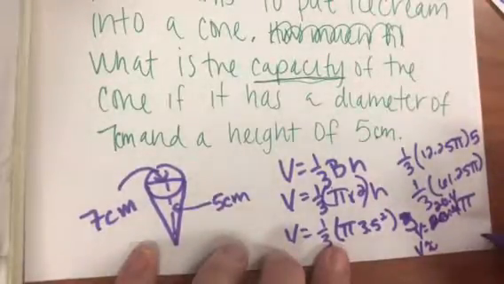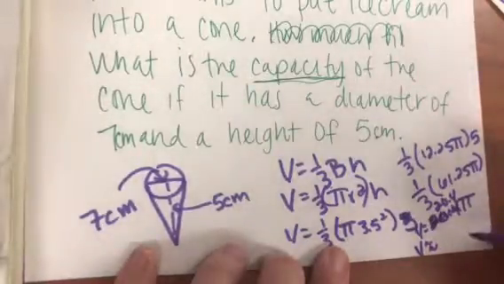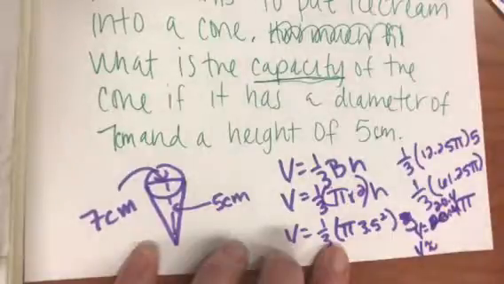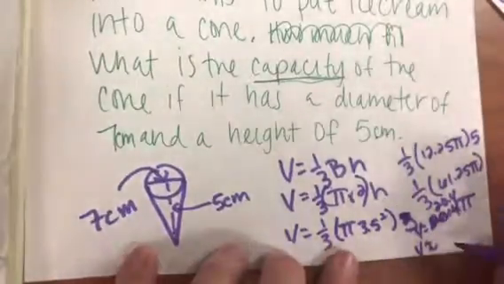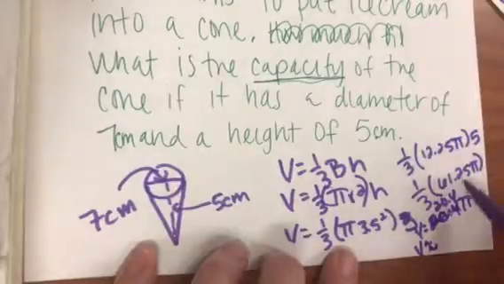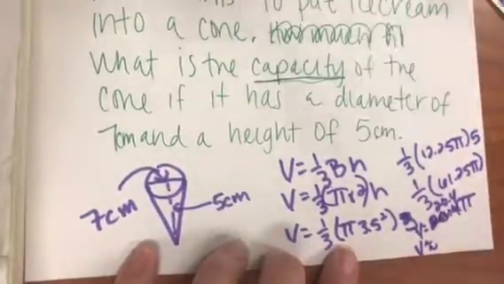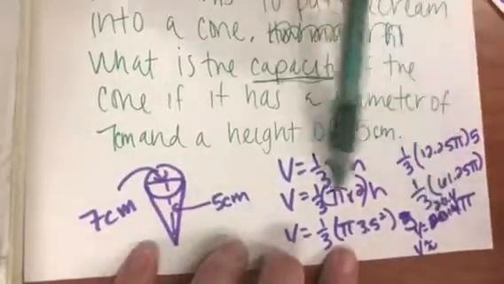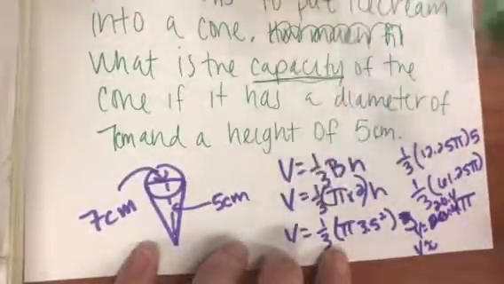You could have just put in 20.4 times pi. We already did the divided by 3 right here. This is why I'm glad this is on video. I would not do all of that. I would just plug it all in.